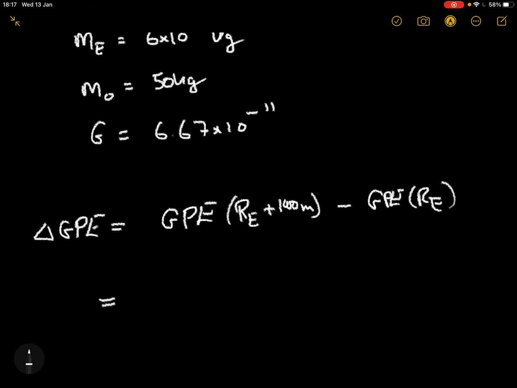Because these are minus signs, we'll get minus G M_E M_O over 6,400,000.